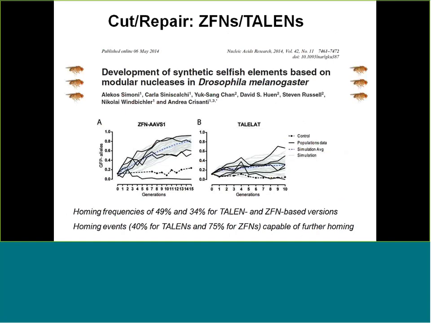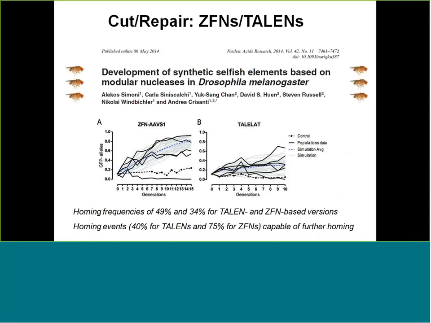Because homing endonucleases are more challenging to re-engineer, this group also explored the use of zinc finger nucleases or TALE nucleases to drive through Drosophila populations. And what they found was that while homing did work and drive did work, end-joining events accumulated at a much higher rate, and that for the case of TALENs, they were not transmitted faithfully due to the repetitive nature of these TALE nucleases.